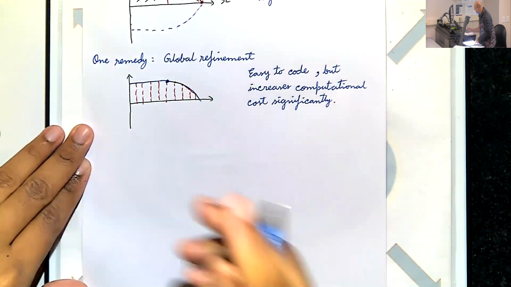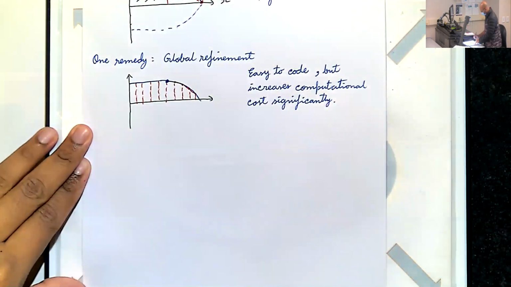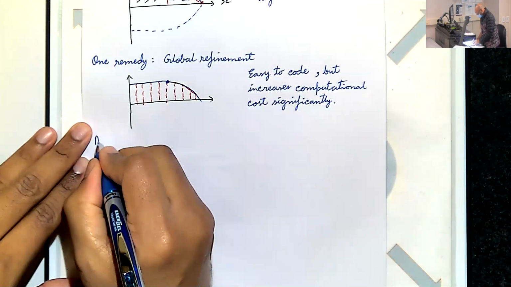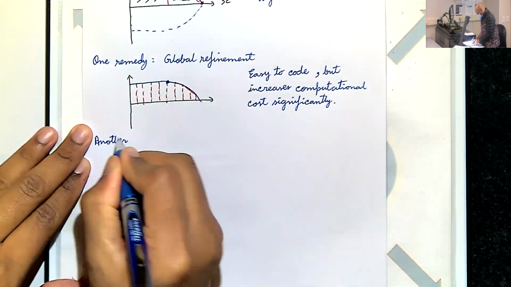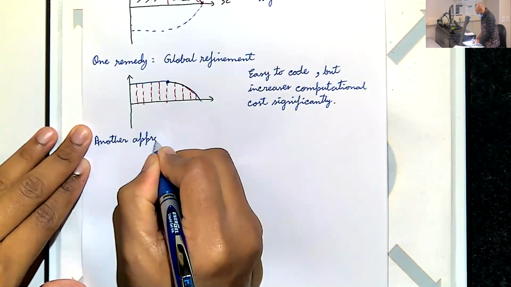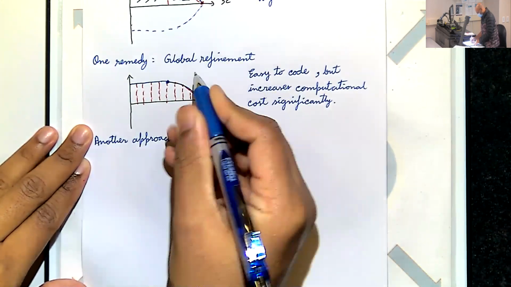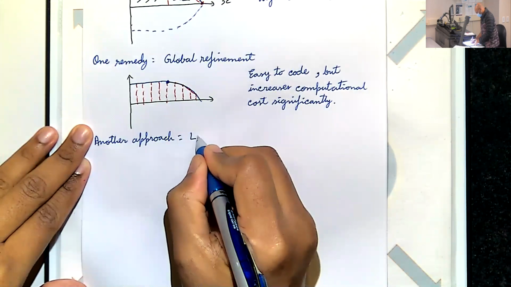All right, and the other approach is instead of doing a global refinement, we do a local refinement.